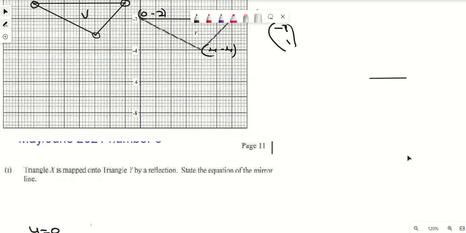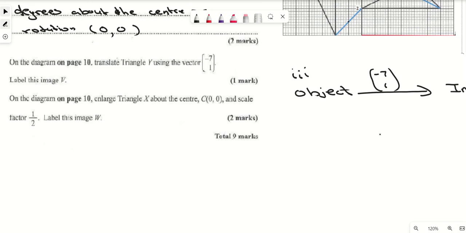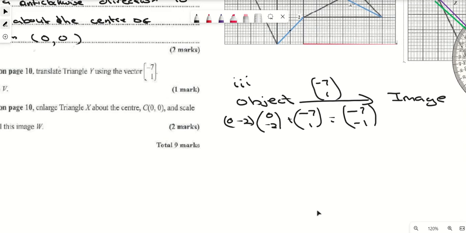So let me just check it back. That's 0, minus 2. So my coordinate of 0, minus 2 will turn into 0 on top, minus 2 at the bottom. Then we're going to add minus 7, 1, right? This is equal to minus 7, and minus 2 plus 1 is minus 1, right? So my coordinates for my image would be minus 7, minus 1.